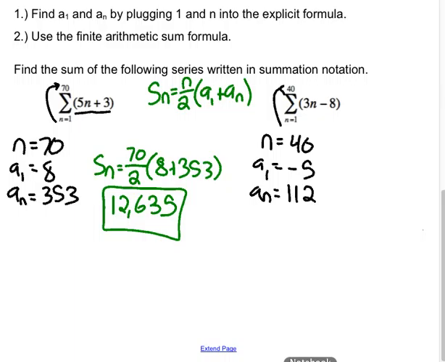So now I have the three pieces of information that I need. Now let's write it out.